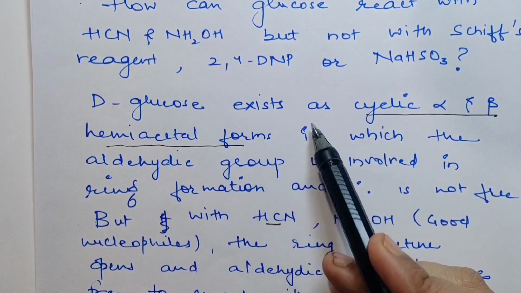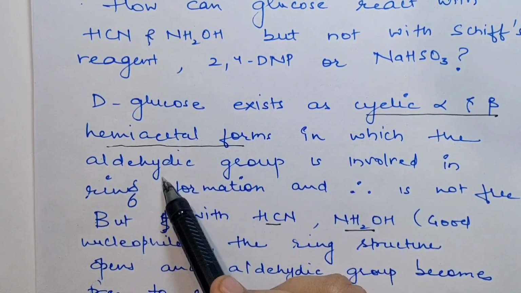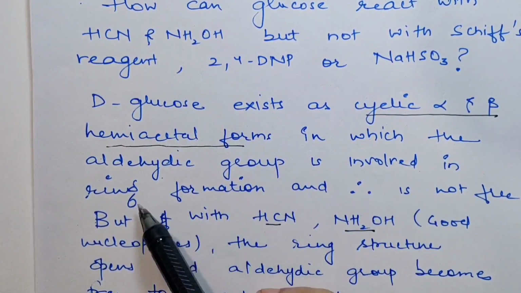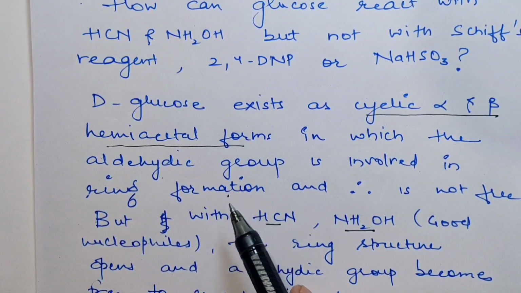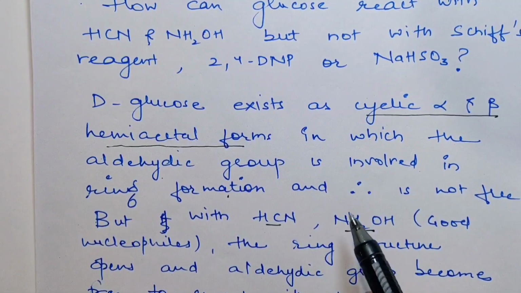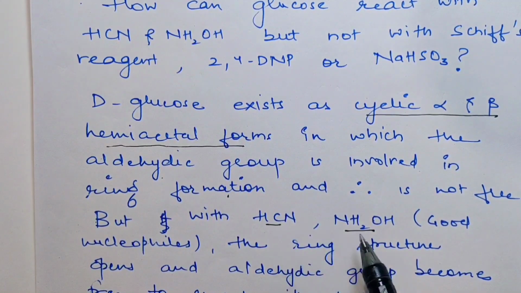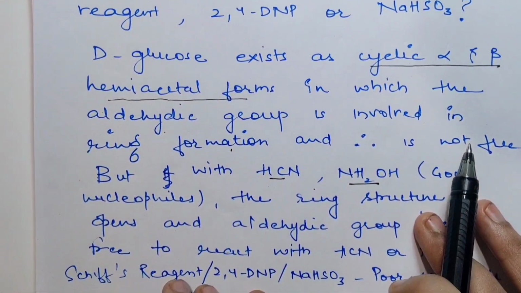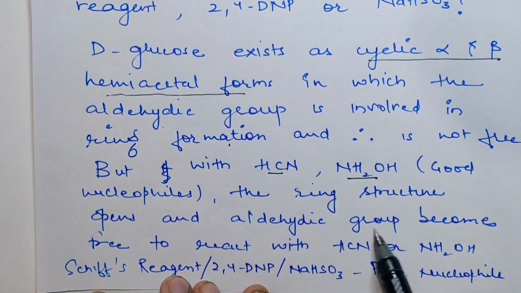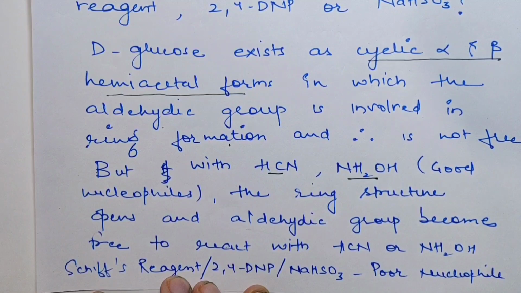In it, the aldehydic group of glucose is involved in ring formation and therefore is not free to react. But with HCN and hydroxylamine, being good nucleophiles, they open the ring structure and the aldehydic group then becomes free to react.